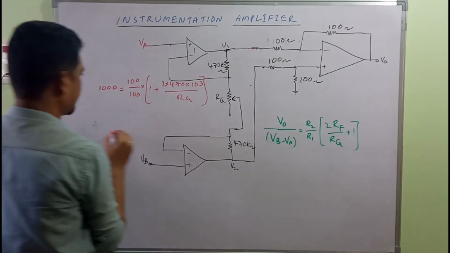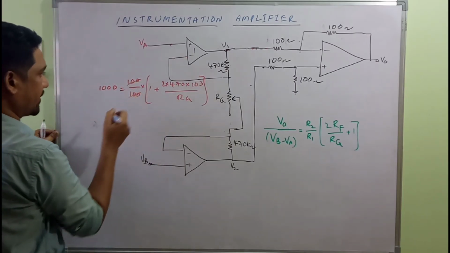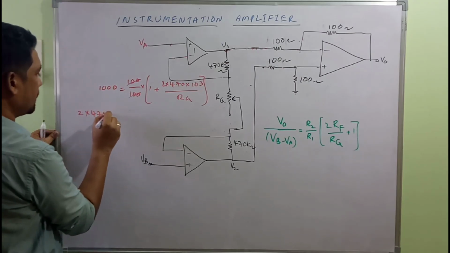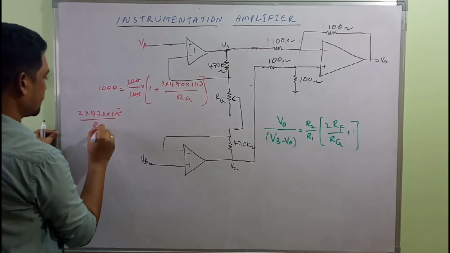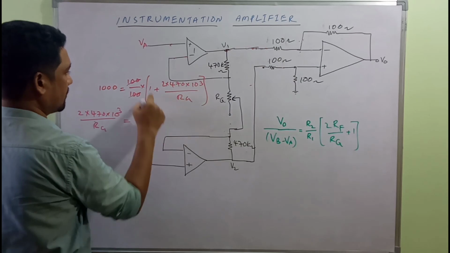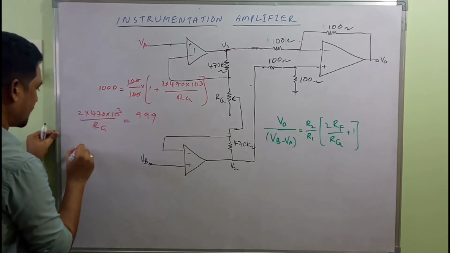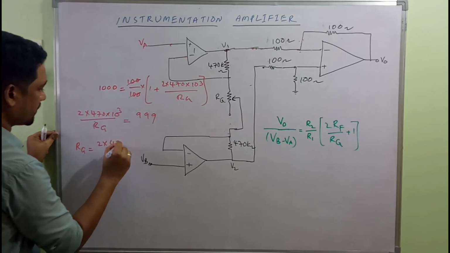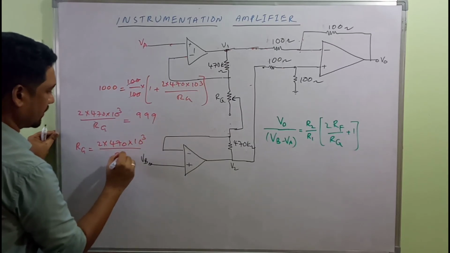This ratio gets cancelled away. So 2 into 470 into 10 raised to 3 upon RG will be equal to 999. This goes and that subtracts. From here, RG will be equal to 2 into 470 into 10 raised to 3 by 999.